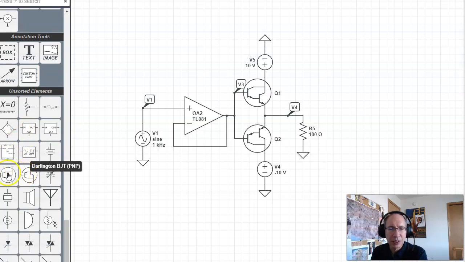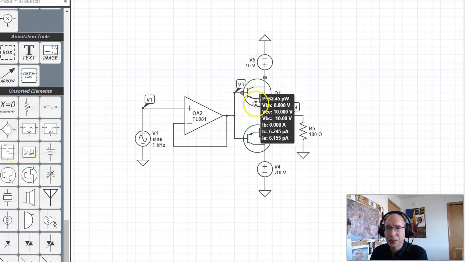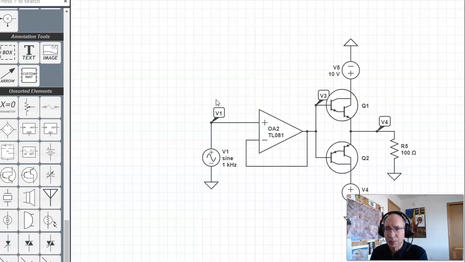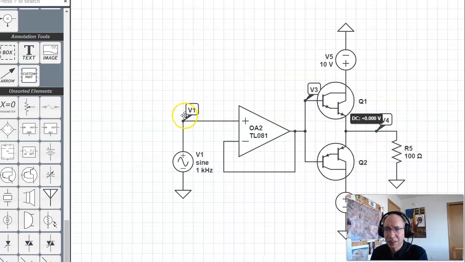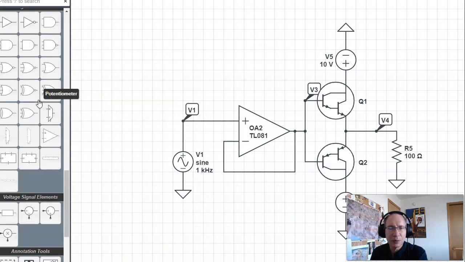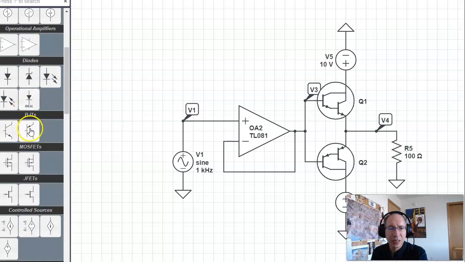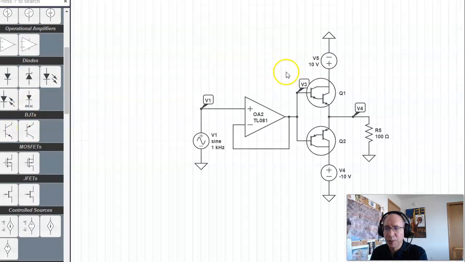There's the Darlington pair. You can see the two transistors in one. If I use the 6144 transistor, that's just a single transistor. I would use this model. But assuming I'm doing the Darlington pair, I'm going to do push-pull.